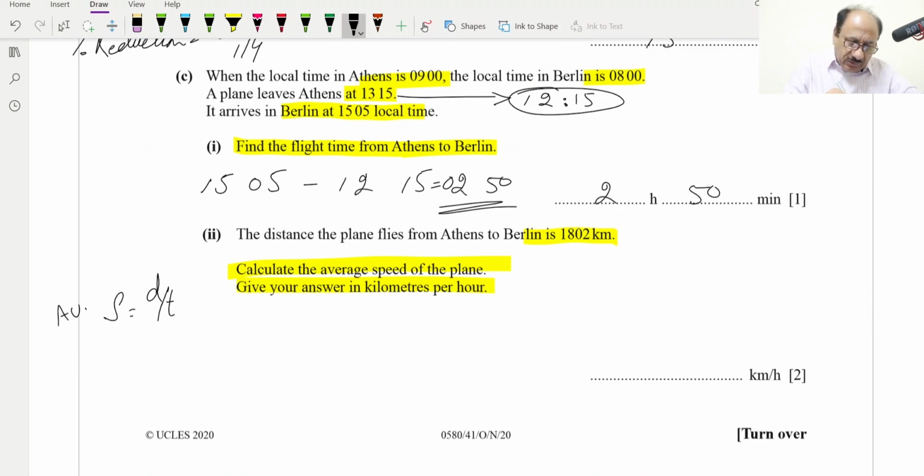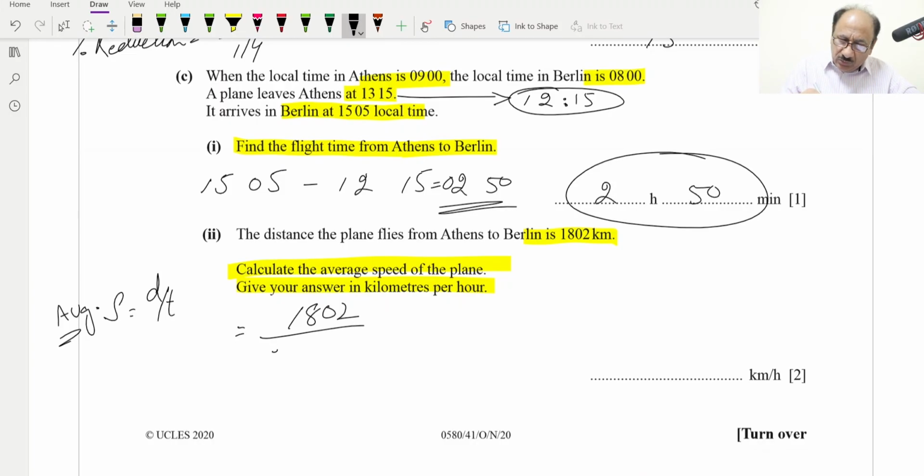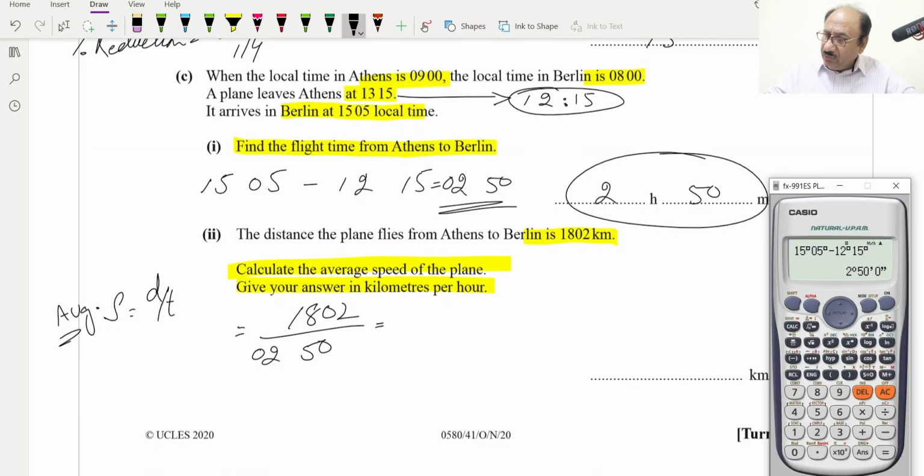So average speed will be also equal to distance over time. So we will divide the distance by time, and time is what we have calculated over here, which is 2 hours and 50 minutes. And this again we will do by our calculator.